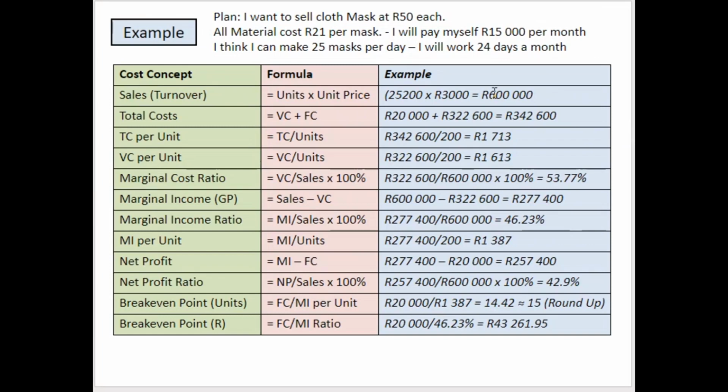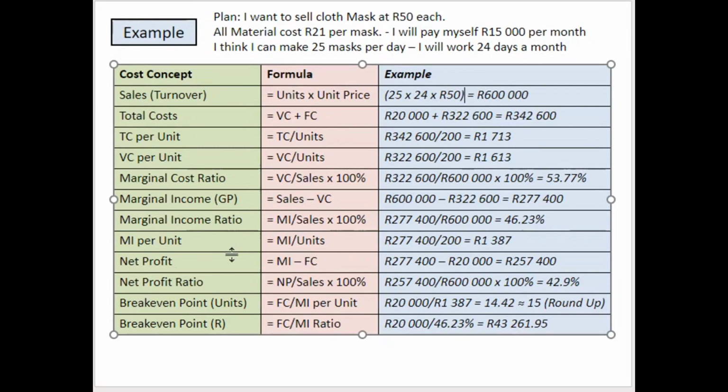So that's your plan. So now we can say, okay, I can make 25 masks a day times 24 days. And I am going to sell each of that at 50 Rand.